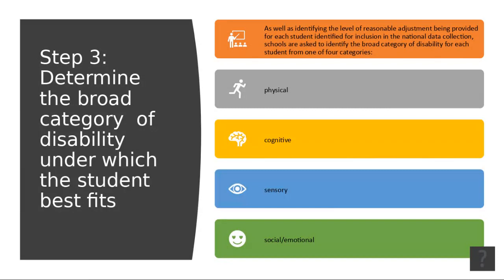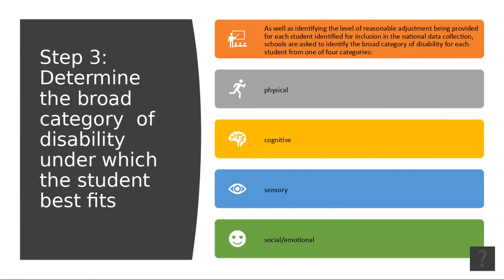Now, in theory, step 3 is then to determine the broad category of disability under which the student fits, but it's really done in combination with step 2, obviously. If you're thinking about the levels, then you need to be thinking about what you are giving support for: their physical needs or cognitive or sensory.